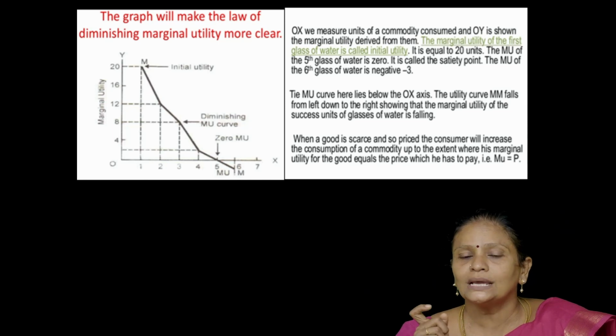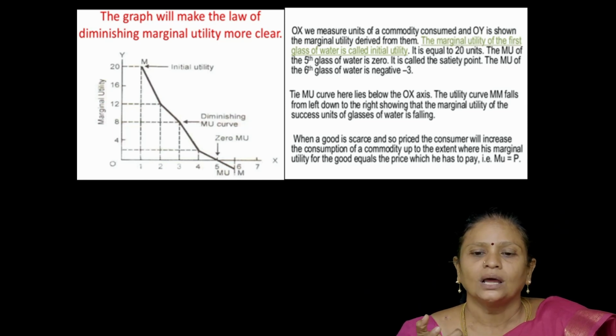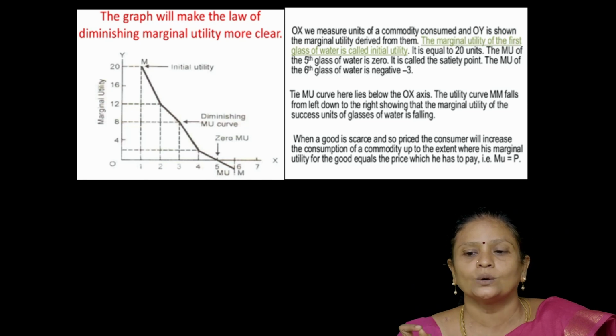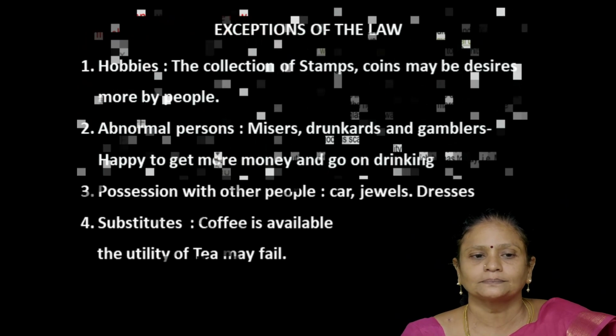When a good is scarce and so priced, the consumer will increase the consumption of the commodity up to the extent where his marginal utility for the good equals the price which he has to pay. That is, MU is equal to P, the price.